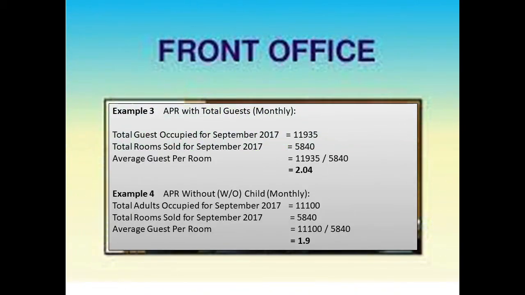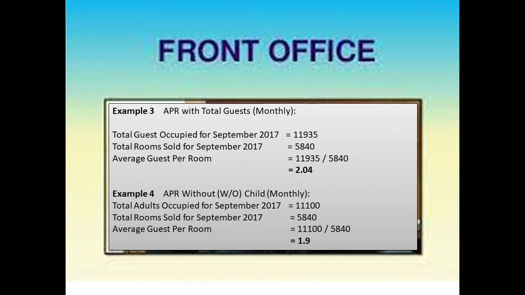For example number 3, APR with total guests monthly. Total guests occupied for September 2017 is equal to 11,935. Total rooms sold for September 2017 is equal to 5,840. The average guest per room is equal to 11,935 divided by 5,840, which is equal to 2.04.